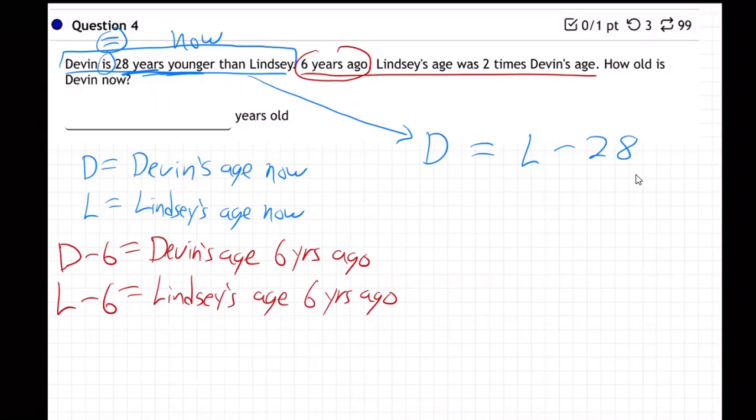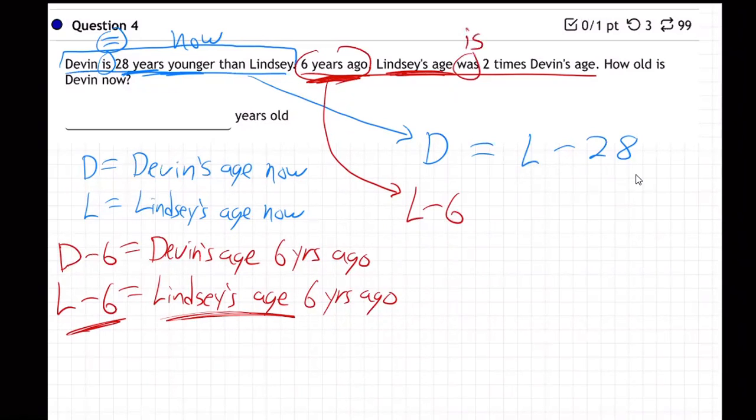And then the second equation is all about the 6 years ago time period. So 6 years ago, Lindsay's age. So what's Lindsay's age 6 years ago? Right here, L minus 6. L minus 6 was, that's the past tense of is, so that's our equal sign. Equals, was equal to in the past, 2 times Devin's age 6 years ago, D minus 6.